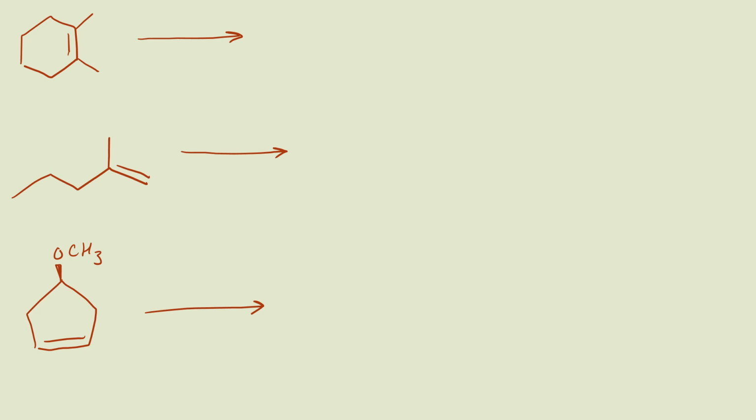Here are some more practice problems for epoxidation. For this top one, we can put an oxidant like MCPBA. This is going to give us an achiral meso compound that looks like this. For the second one, we can add an oxidizing agent like CH3COOOH.